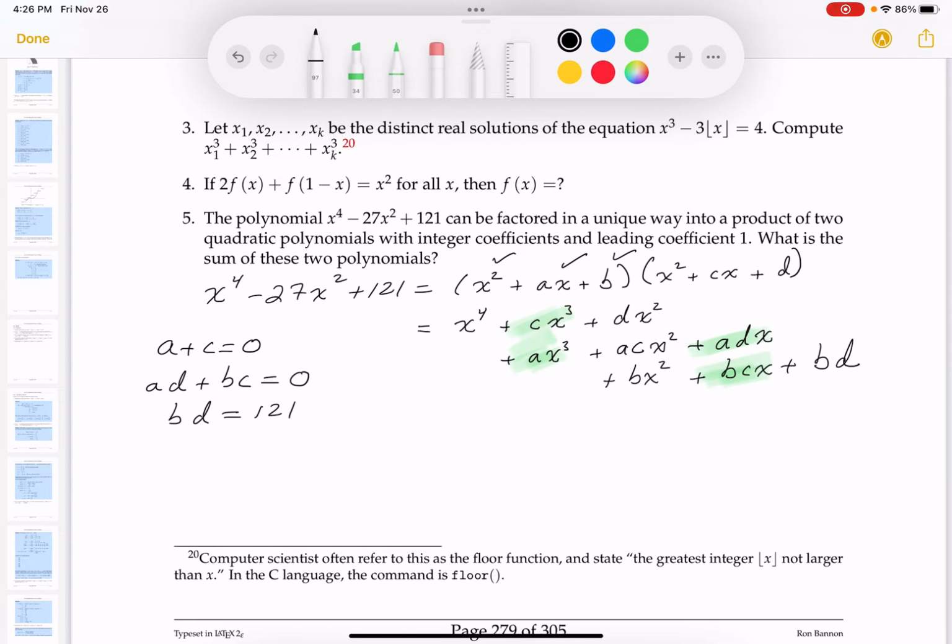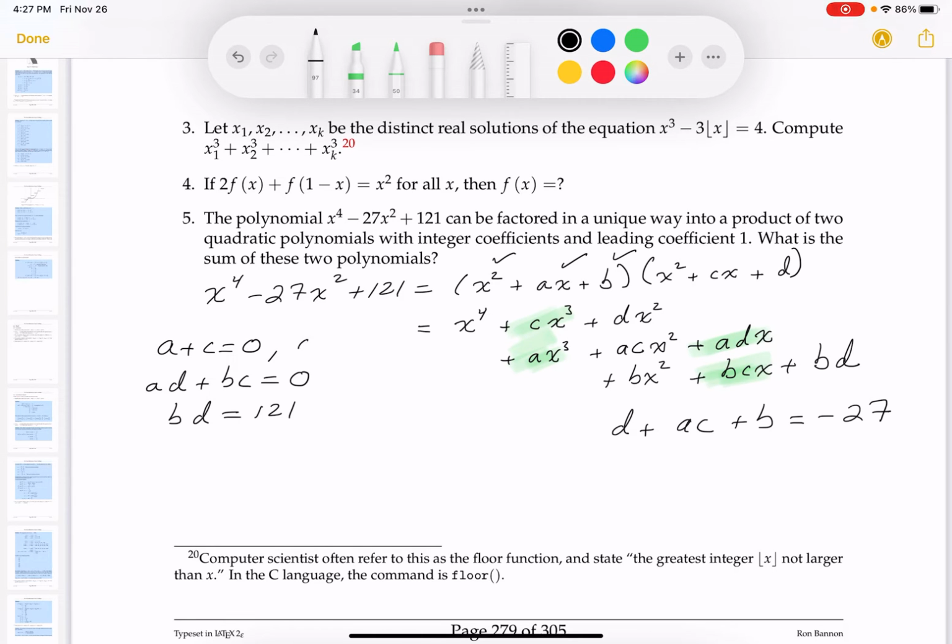The tough one comes here, though. I know that D plus AC, this is the x squared term, D plus AC plus B must equal minus 27. All right, so let's just be really careful now.